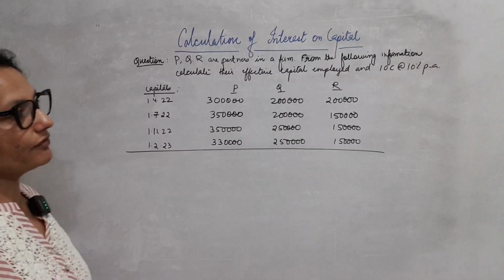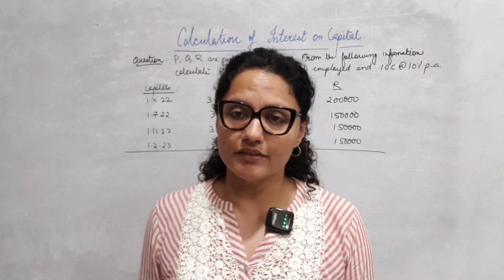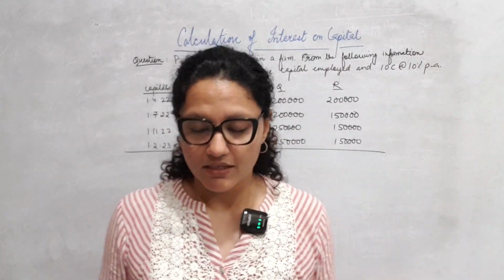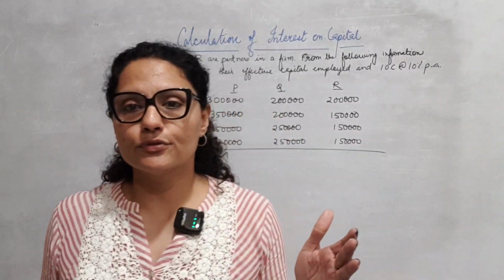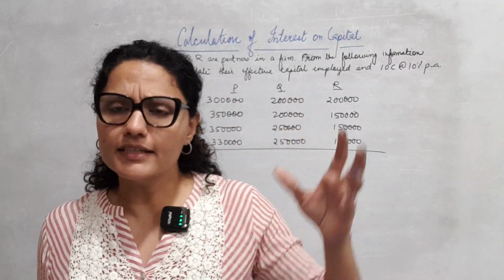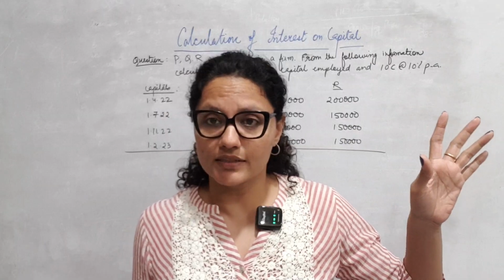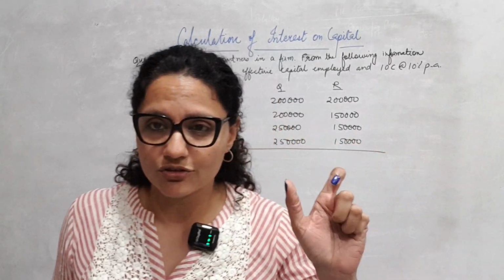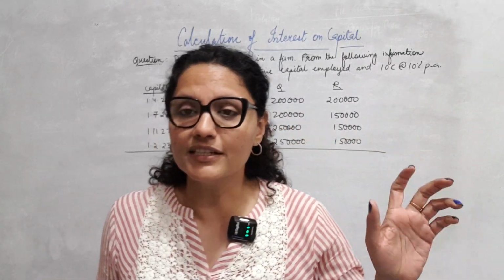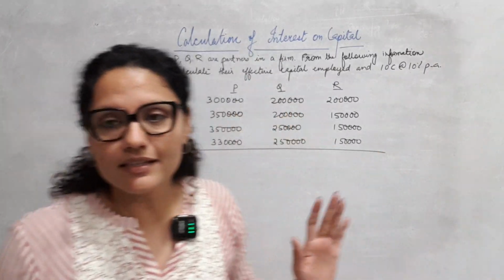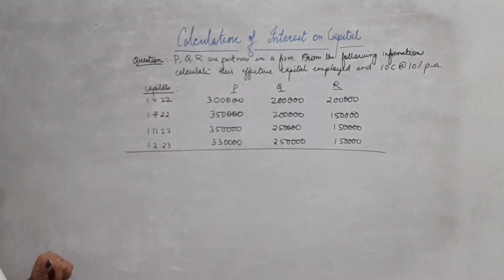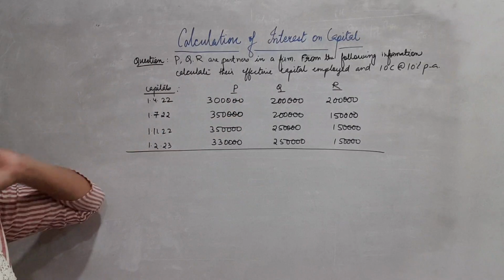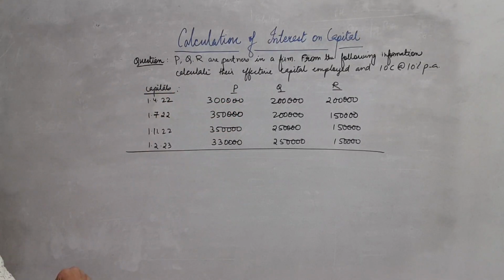Now, what is the meaning of effective capital employed? Effectively, if I see, taking into account the amount invested and the time period for which it was invested. That gives the weightage of a particular amount invested based on time. That is what is effective capital employed. And then it will be easier for us to find the interest on capital.